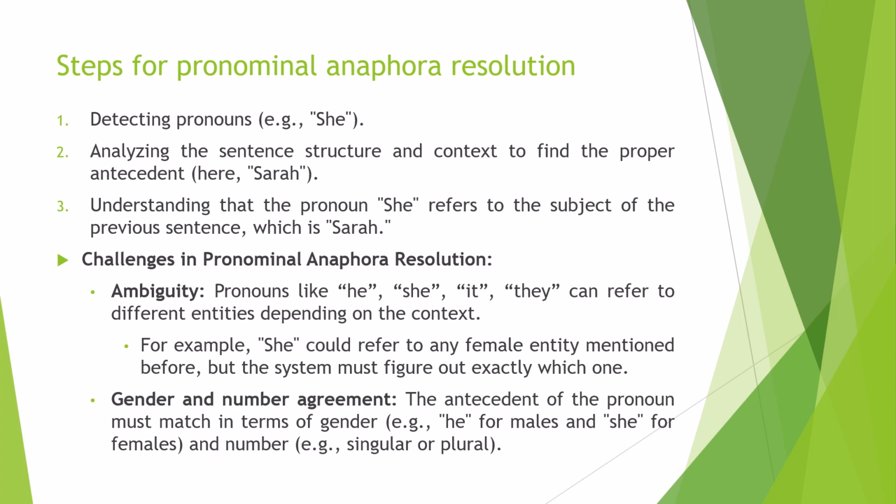In this example, she refers to any female entity mentioned before, but the system should resolve this issue, identifying the correct entity related to the pronoun she. So in resolving the references, we take into consideration gender and number agreement, whether a single person or a group of people is involved in the issue, and that has to be identified.